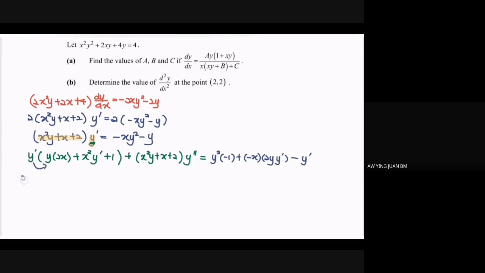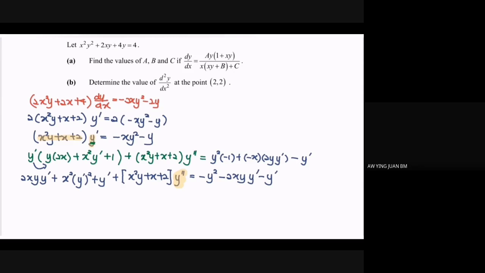So we will have 2xy y prime plus x squared (y prime squared) plus y prime, plus (x squared y plus x plus 2) y double prime, which is the second derivative, meaning that this is our target, equals negative y squared minus 2xy y prime minus y prime.